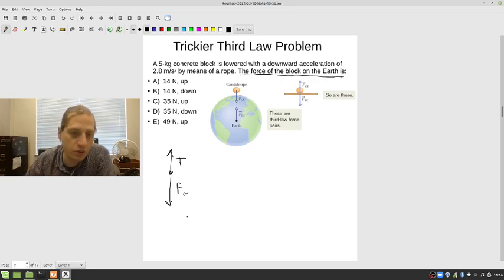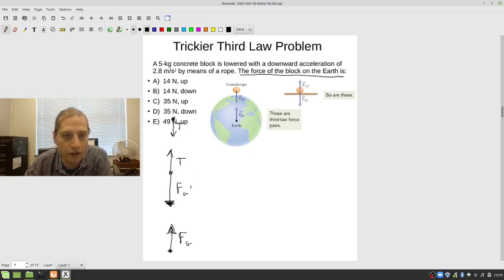Okay, so this question is asking us to think about what our paired forces are in Newton's third law. In this case, I have a pull up from this tension rope. Presumably there's someone holding that or something like this, and there would be the tension pulling down. Force of gravity is pulling down on this block, but the block's pulling back up on the earth.